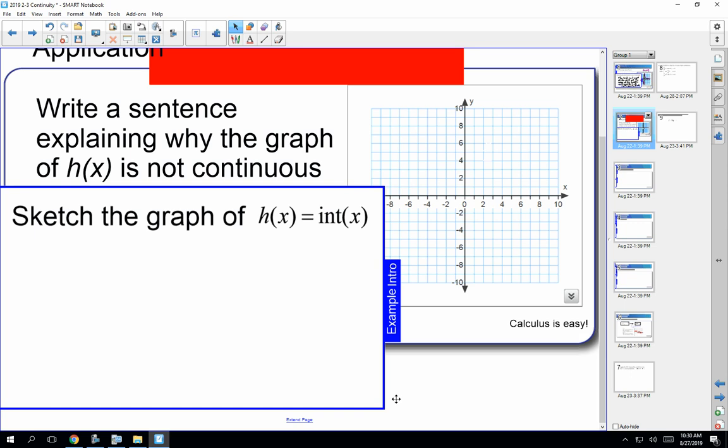The int x function, this is incredibly discontinuous over the real numbers. Do you remember where the first step? So from the origin up to 1, 0, we've got a little line segment, right? And then we've got an open circle at the right end of each line segment. You remember that? So it looks like this.